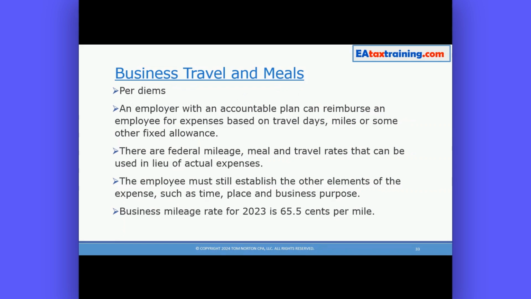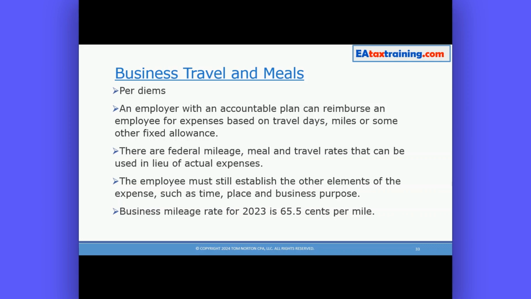You can go out there, search for them, and find out what those rates are. As long as you have an accountable plan, you can reimburse them based on these federal per diem rates or any amount less than the federal per diem rate, but the maximum you can do is the federal per diem rate. You can reimburse them based on those rates and deduct that.